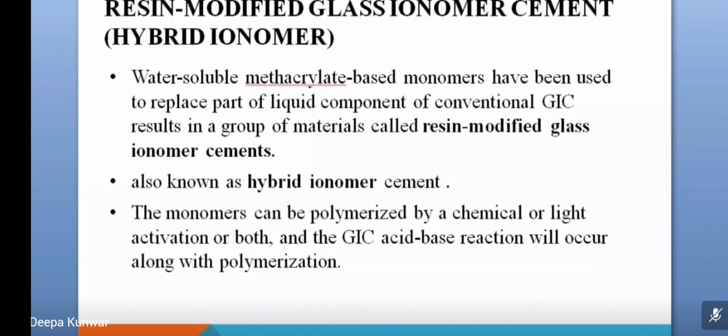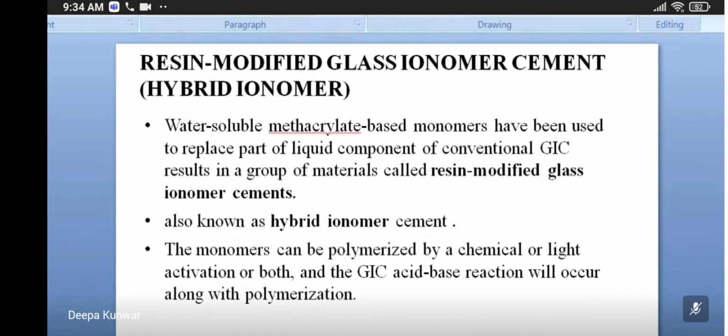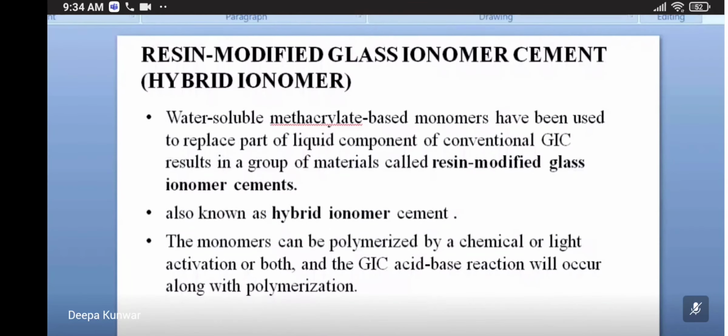Now, resin modified glass ionomer cement. In resin modified glass ionomer cement, water soluble methacrylate based monomers have been used to replace part of the liquid component of the conventional GIC. In metal reinforced, the alloy or silver particles are mixed.